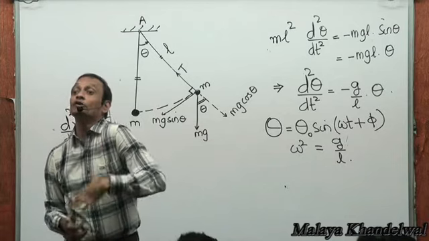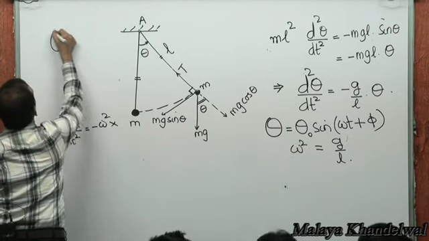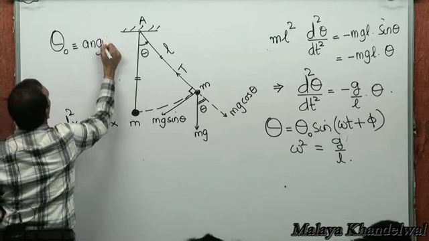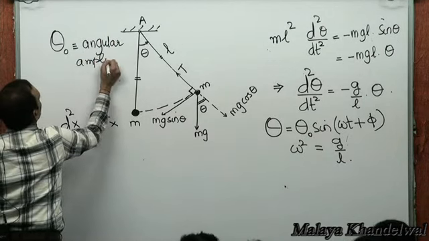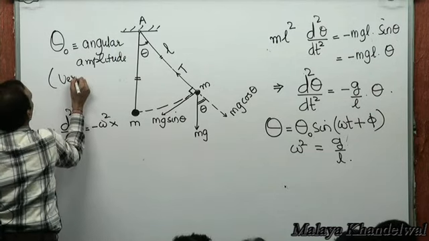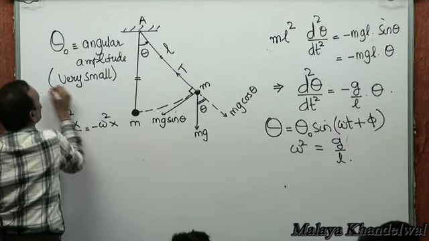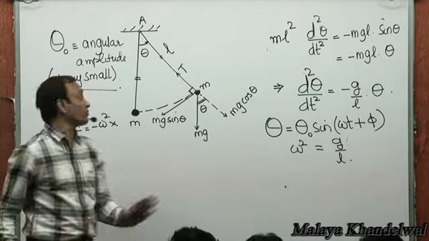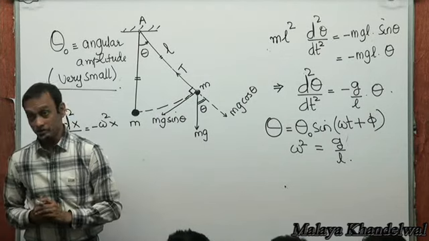It is called the angular amplitude, which we have assumed for all practical purposes to be very small. Maximum angular displacement from the vertical position is theta naught. You know what I'm saying?